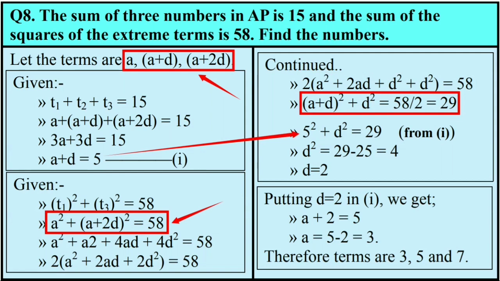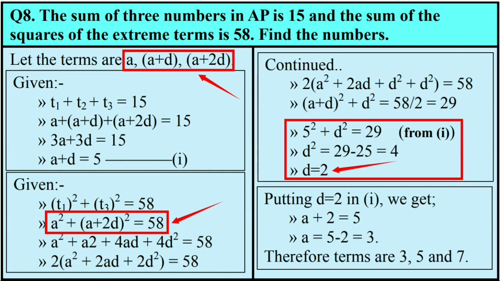In the next line we replace a plus d with 5, obtained in the first equation, and very skillfully the equation in two variables is converted to an equation in one variable, and then we get the value of d as 2. So till here we are getting only the value of d, and that is 2.